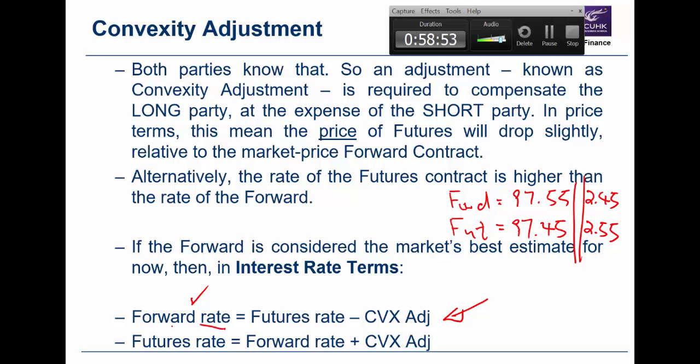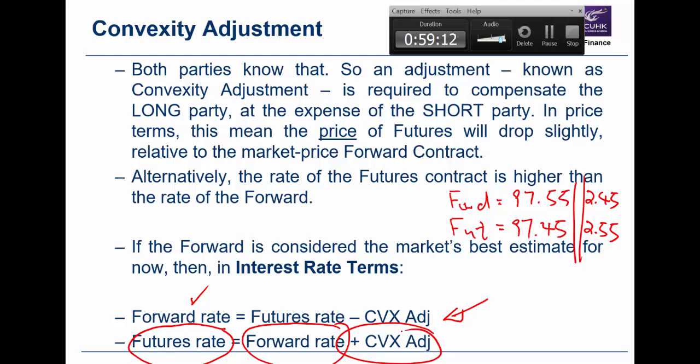So the futures rate is equal to the forward rate plus a convexity adjustment. This is the problem with interest rates. You're often switching between rates and price. So it gets a bit confusing. Is everyone okay with that?